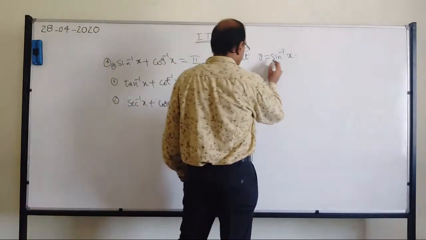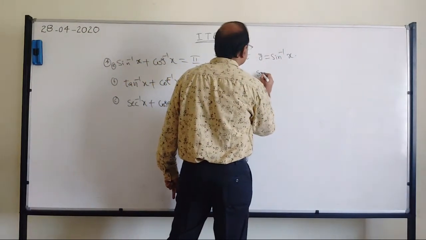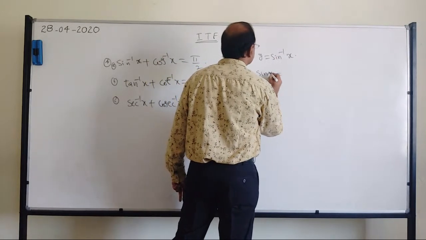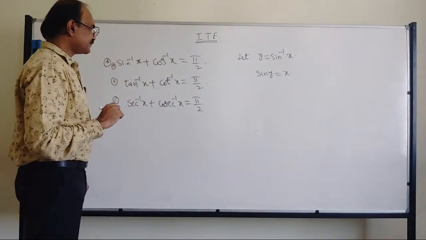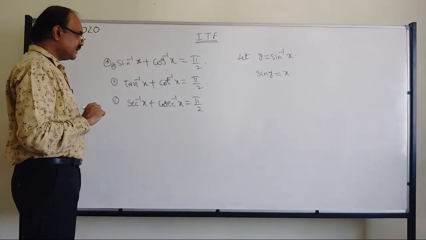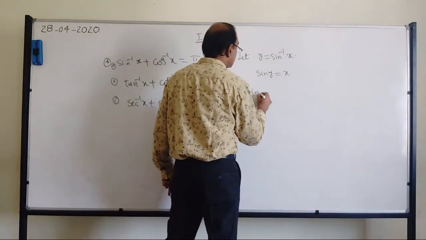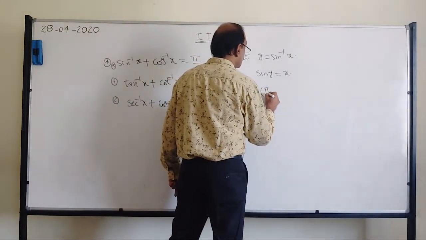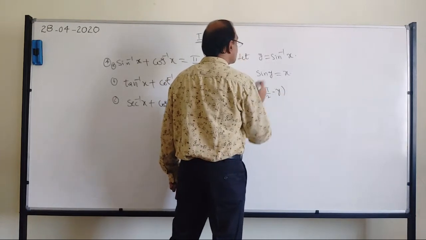So if y is equal to sin inverse x, then sin y is equal to x. Sin y can be written as sin pi by 2 minus y, yes or no? Sin 90 minus y.